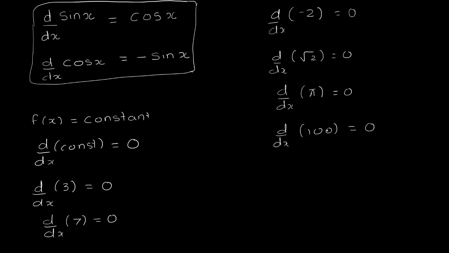But if you have a function of this kind, f of x is equal to 2 into a function of x, for example 2x, then what you will do is take this 2 outside. That is, d by dx of 2x will be 2 times d by dx of x.